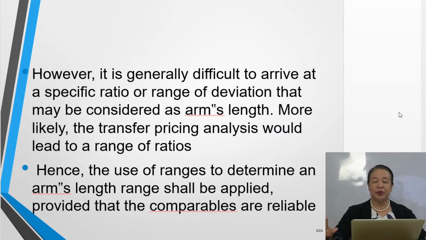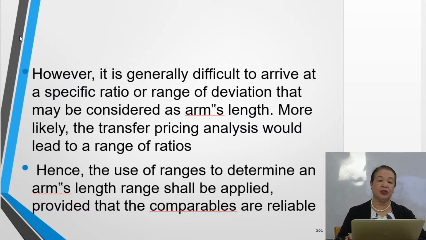So, there is really no 100% match when we compare, no? There is only a range. Hence, the use of ranges to determine the arm's length should be applied provided that the comparables are reliable. And what precaution do we take when we use comparables?